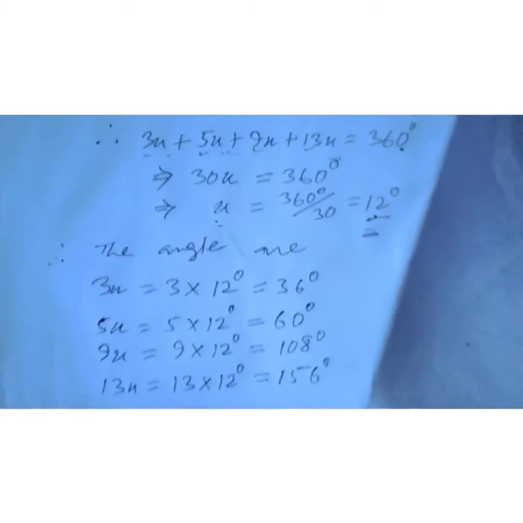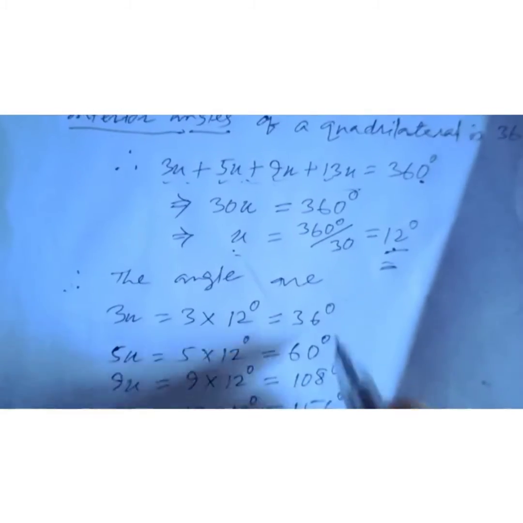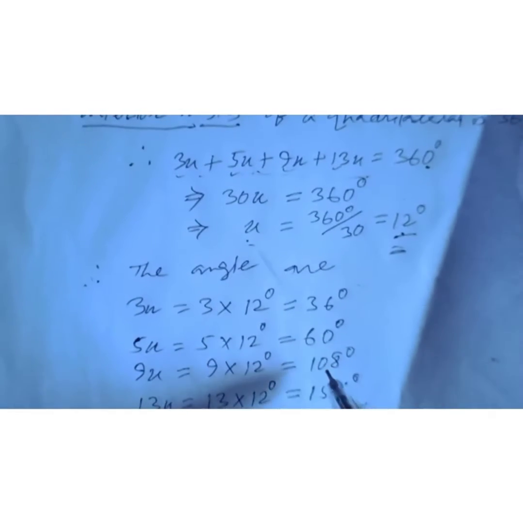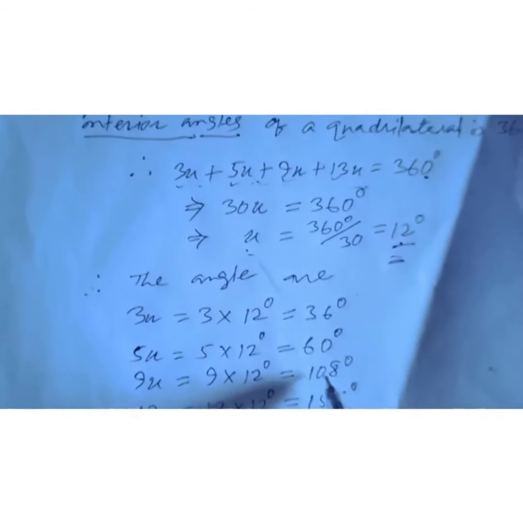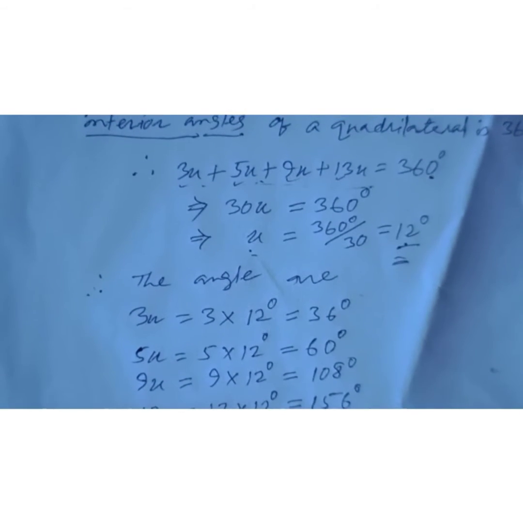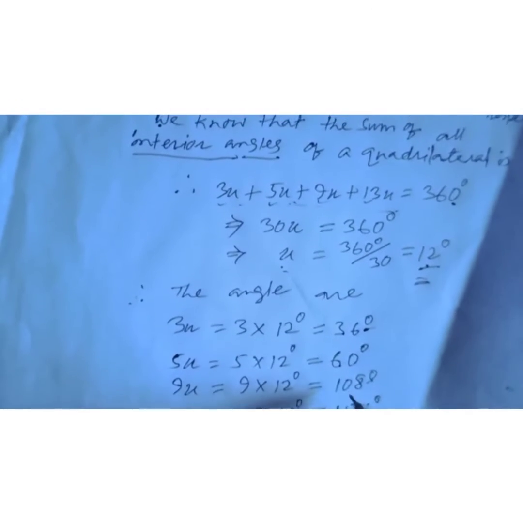Now you see whether it is correct or not. Just sum them: 36 plus 60 plus 108 plus 156 gives 360 degrees.